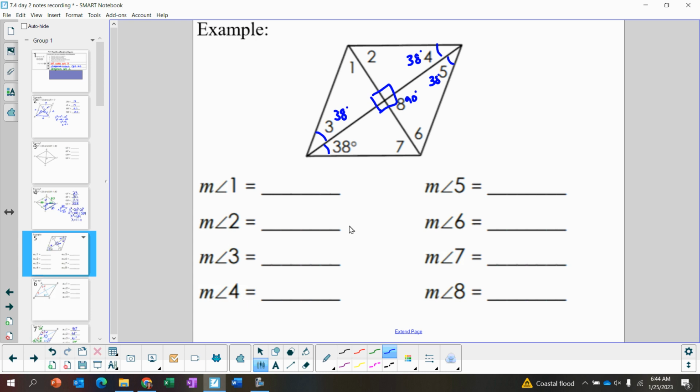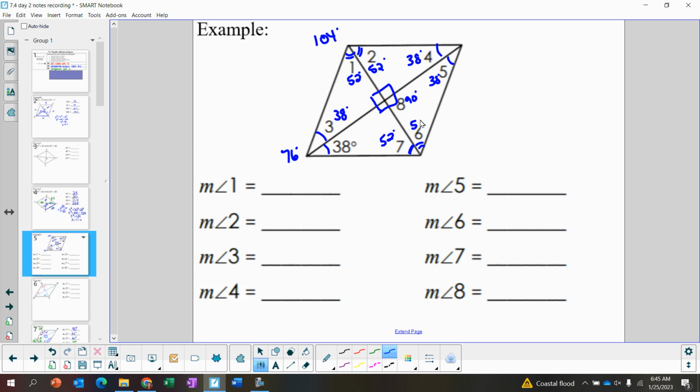And we know, because it's a parallelogram, the consecutive angles are supplementary. So together, these triangles, 38 and 38, were 76 degrees. That means together, these angles should be 180 minus 76, or 104 degrees. And because these angles got bisected, each one is half of 104, or 52 degrees.